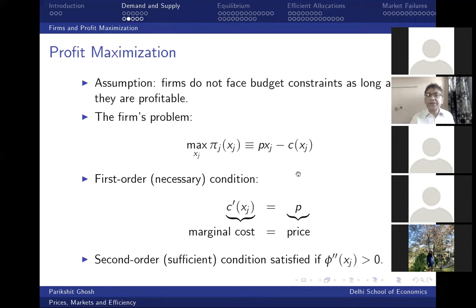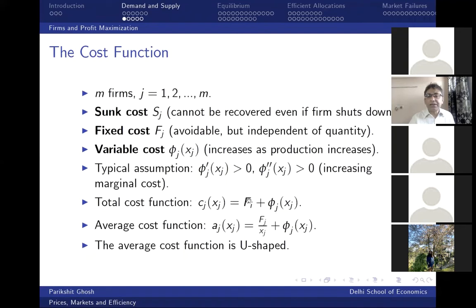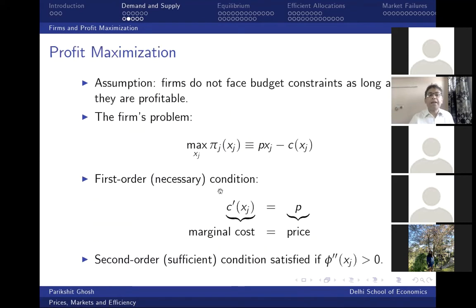If you take the first derivative and set it equal to 0, you get this condition: C prime, which will be phi prime, because the fixed cost part is a constant. So the slope of the total cost function is the same as the slope of the variable cost function. So marginal cost equals price. Just as for the consumer, we got the optimizing principle, price equals marginal utility, for the firm we have the optimizing principle, at least as long as the firm's optimum is some interior point.